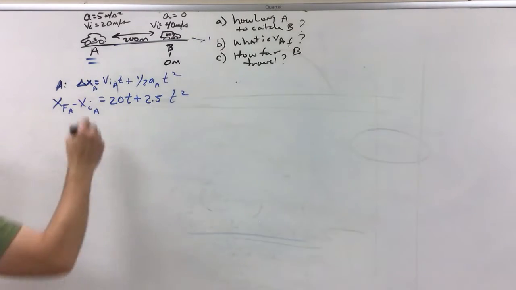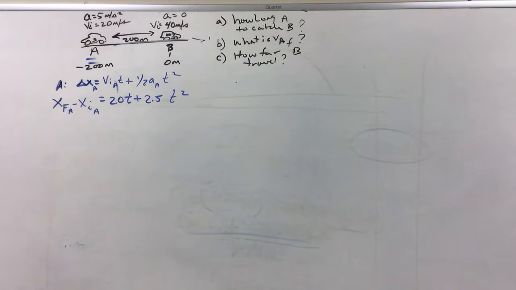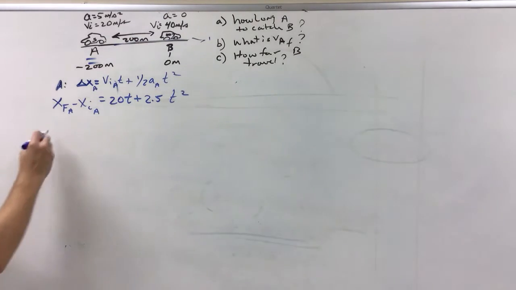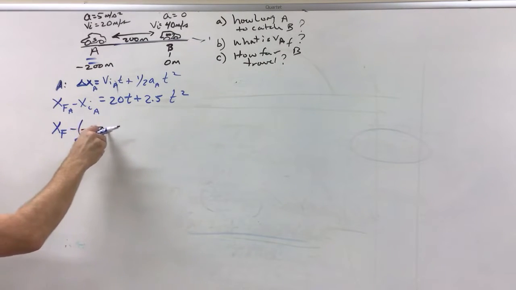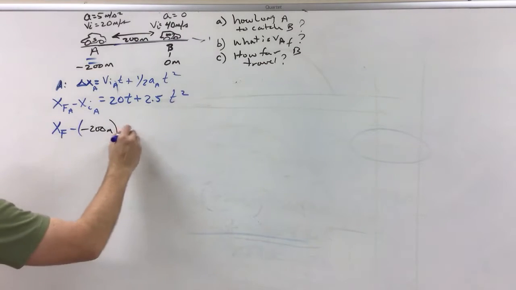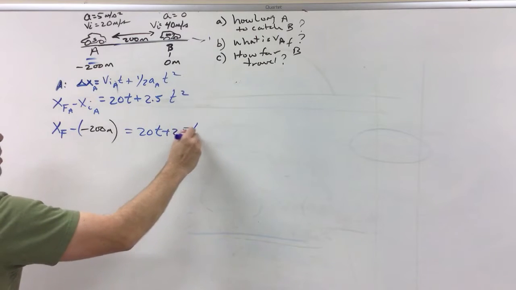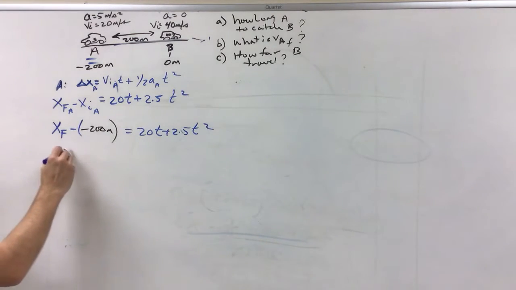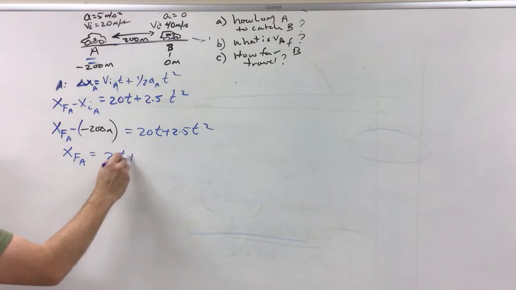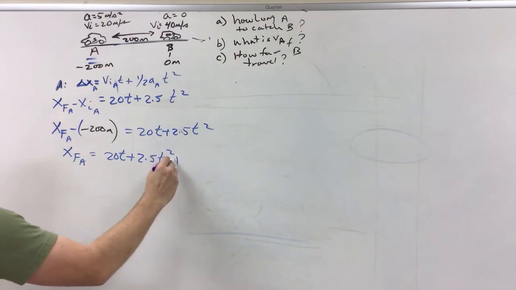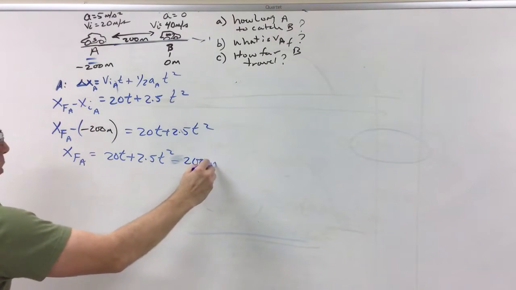Therefore, car A is 200 meters behind car B. So that means my x final minus a negative 200 meter is going to be equal to 20t plus 2.5 t squared. So I can get an x final of A being 20t plus 2.5 t squared. This will be a plus, now it's a minus coming on the other side, minus 200 meter.